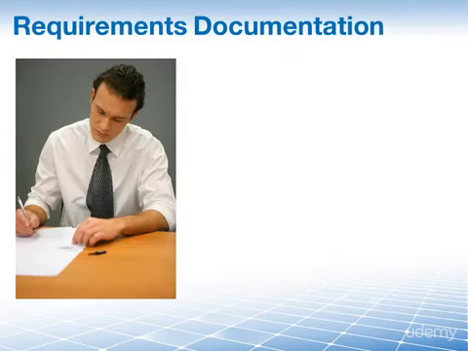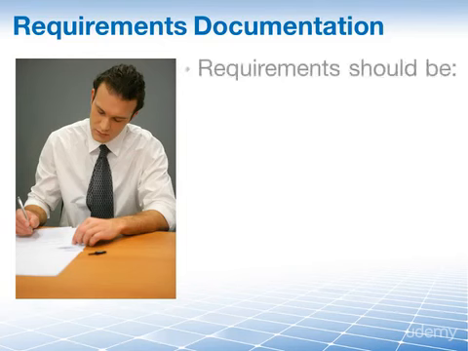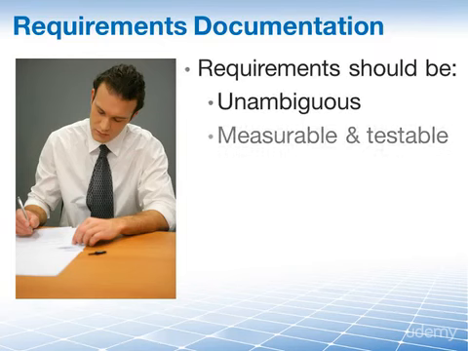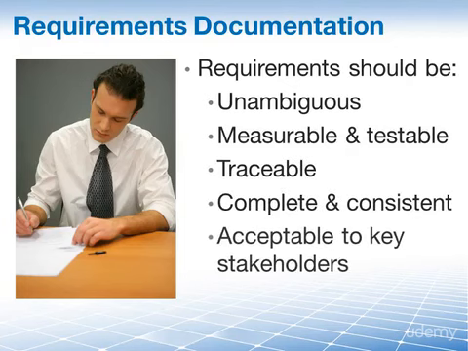The requirements documentation was originally an output of the collect requirements process and then becomes an input to all the subsequent processes, including here controlling your scope. Requirements documentation should be unambiguous, measurable and testable, traceable, complete and consistent, and also acceptable to key stakeholders. And one of the things that we're going to do in this process is ensure that this is in fact the case.